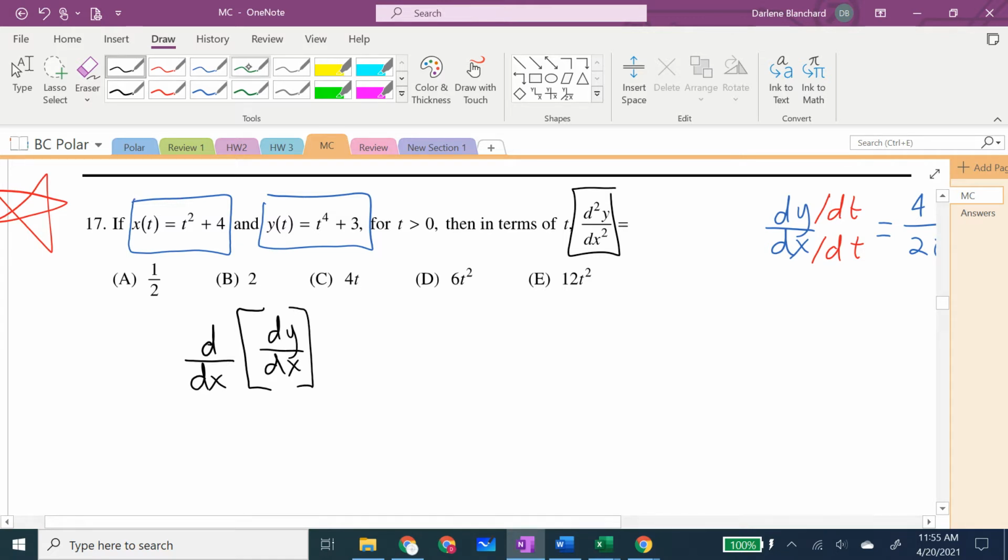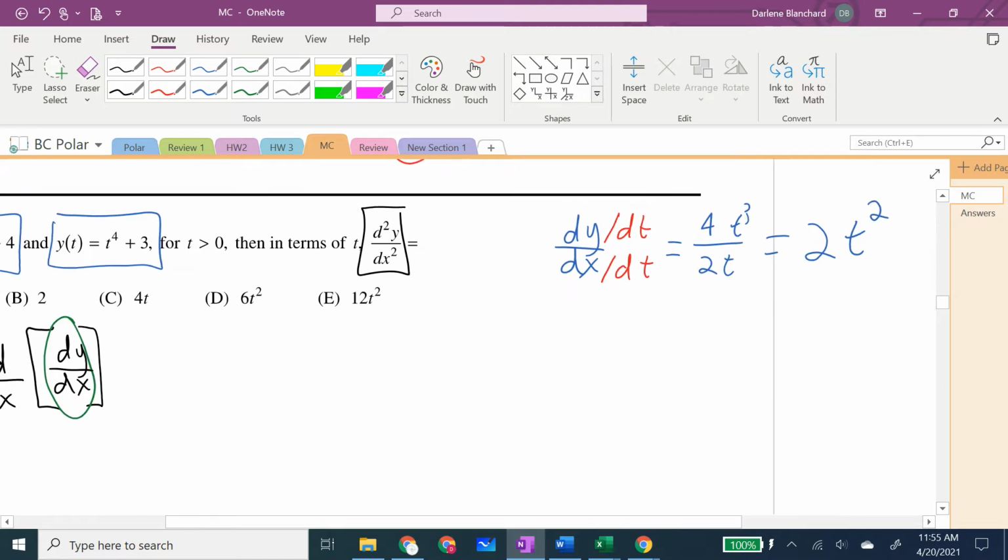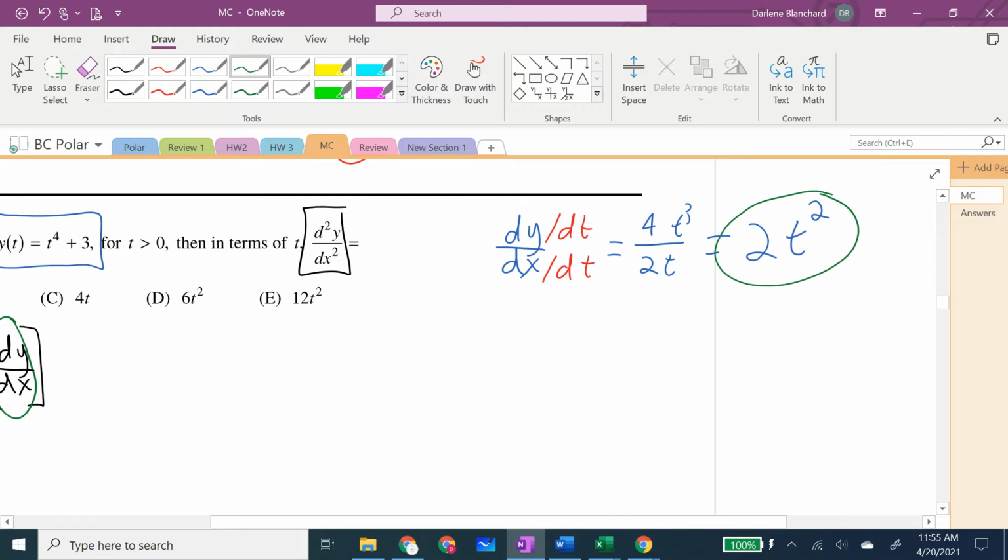Because your dy dx is a single function with respect to t. You need to take the derivative with respect to x of your dy dx.